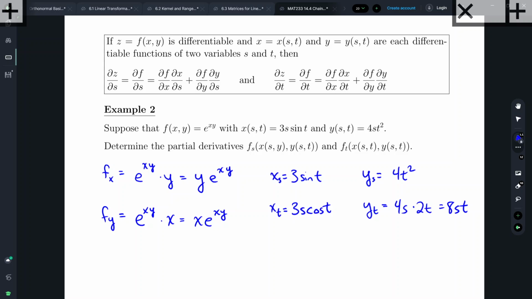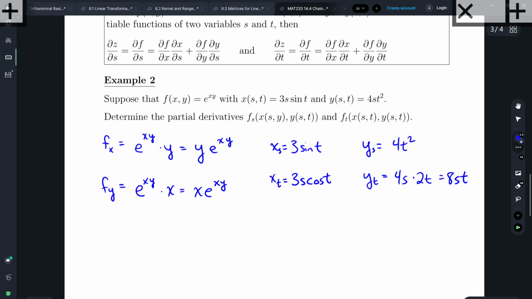Okay, so those are all the different partial derivatives, and so now let's first look at the partial of f with respect to s.